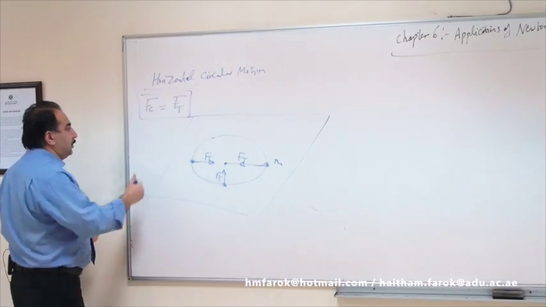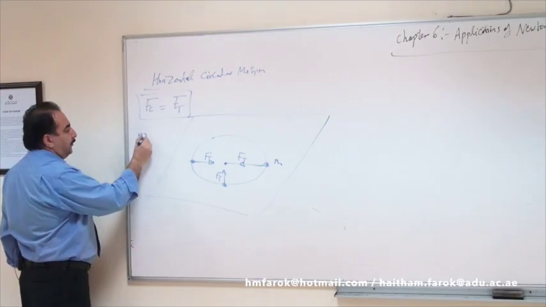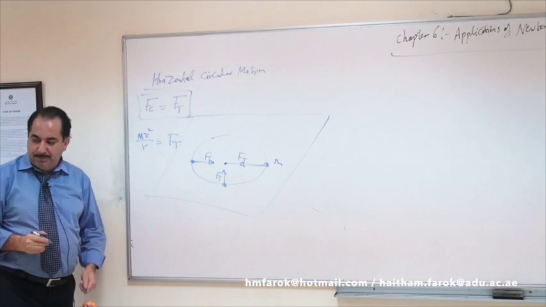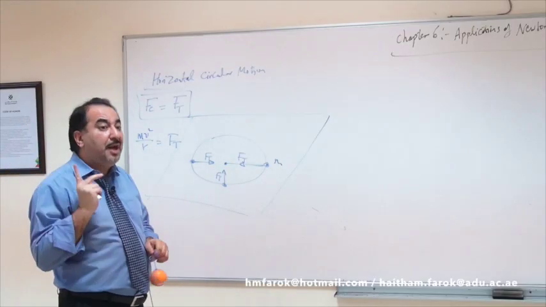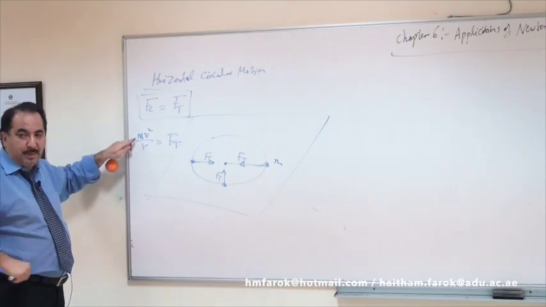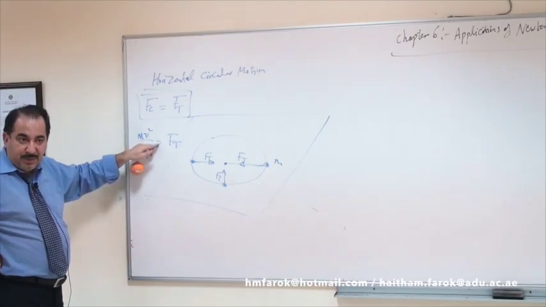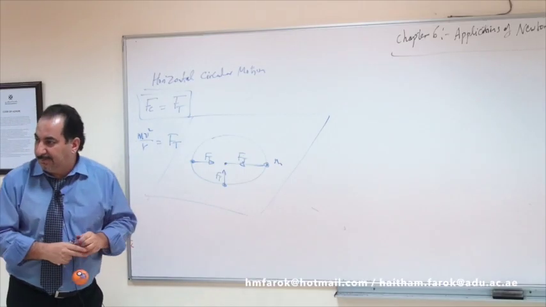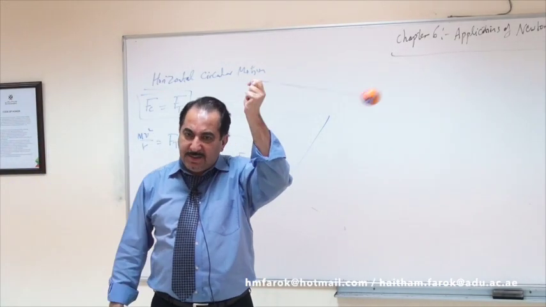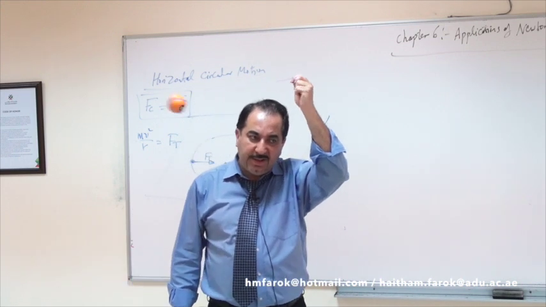Now what is Fc equal to? mv squared over r equals Ft. Generally speaking, Fc depends on mass, speed, and radius, yeah? Now, if I increase the speed, what increases?